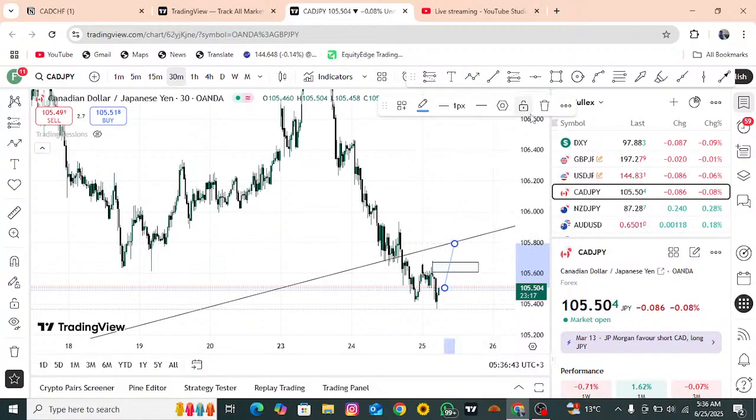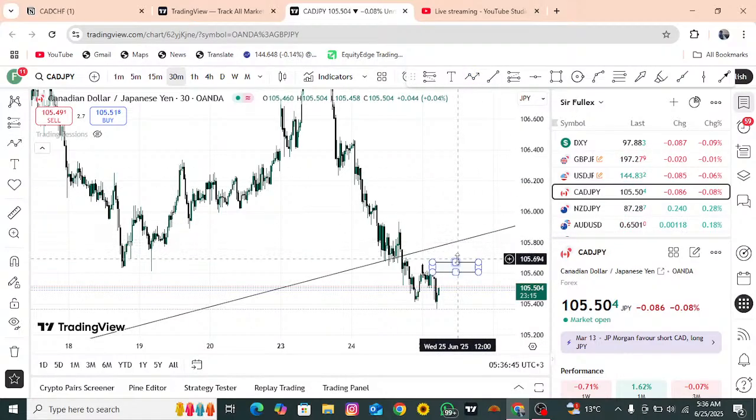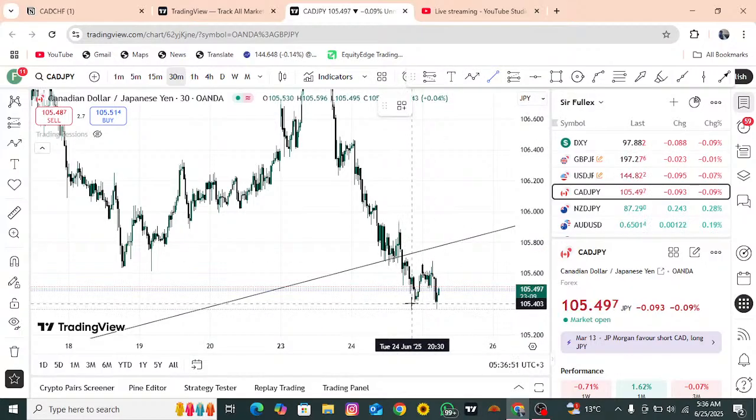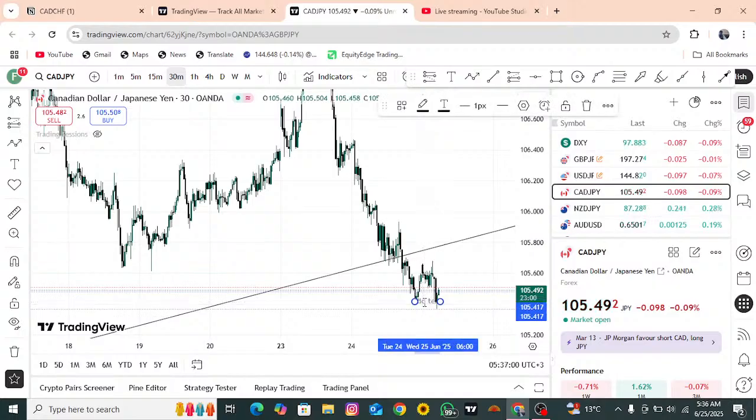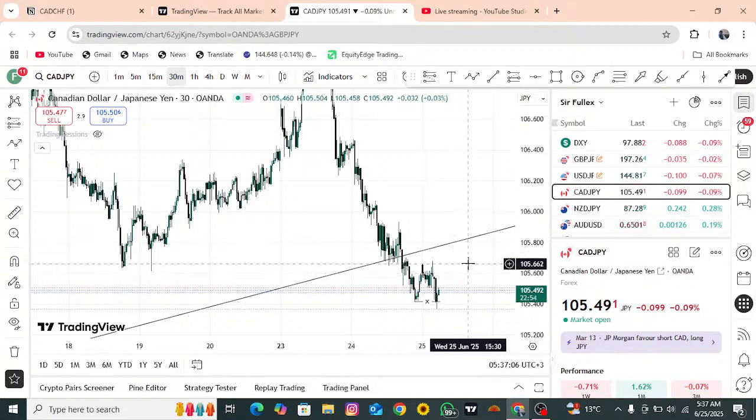Because right now, clearly, I can see we have swept liquidity. We have a liquidity sweep, and now price is pushing up this zone.